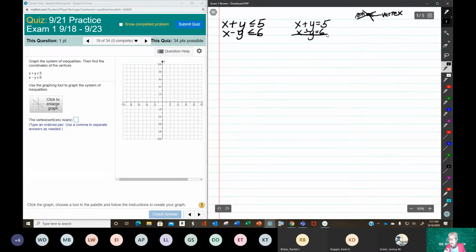Now, it's sort of already set up for you to solve it with elimination. And here, unlike with the bigger 3x4 matrices that we were working on, with these little ones it doesn't matter whether you start getting rid of the x or getting rid of the y. So this is already set up for you to add each column together and eliminate the y's, because you'll have y minus y.